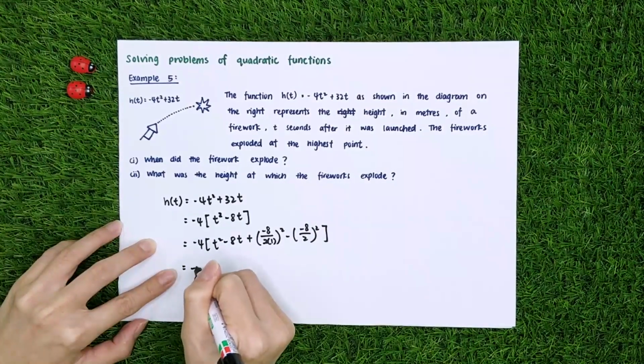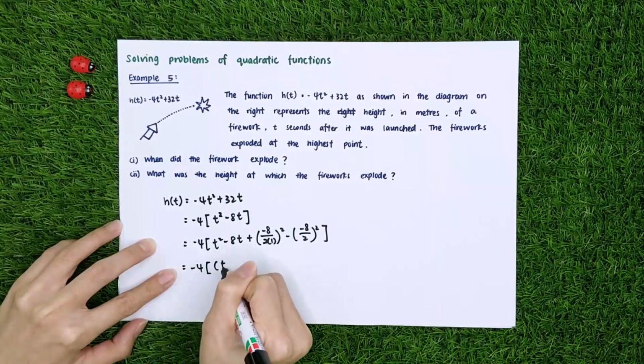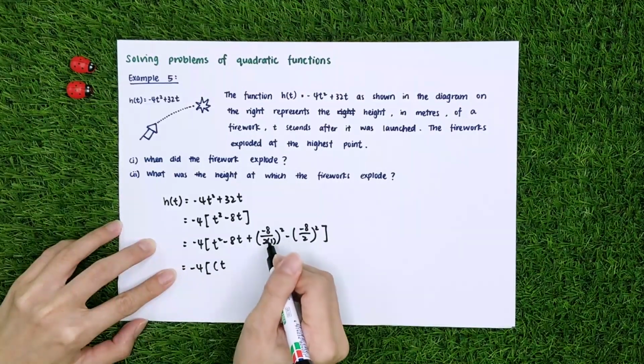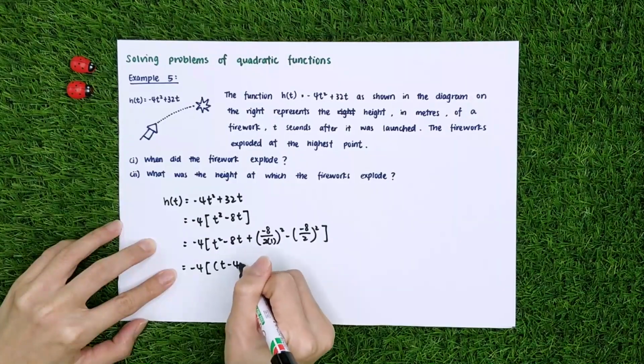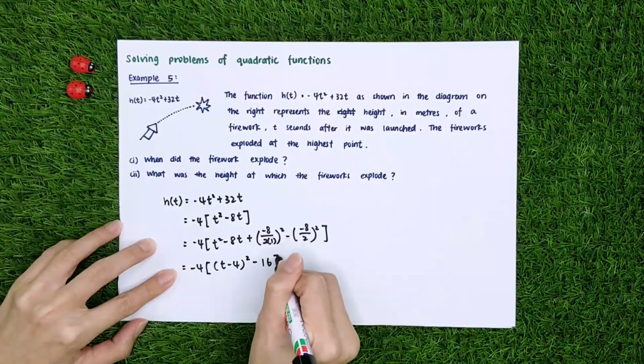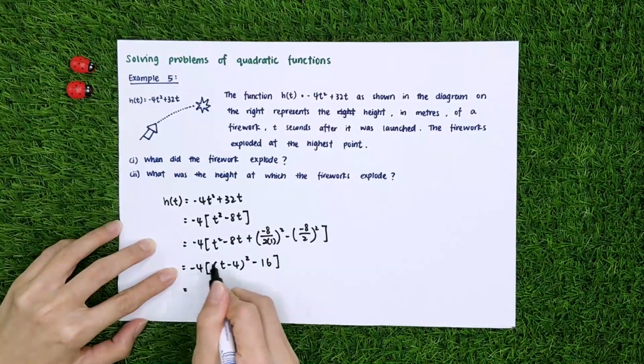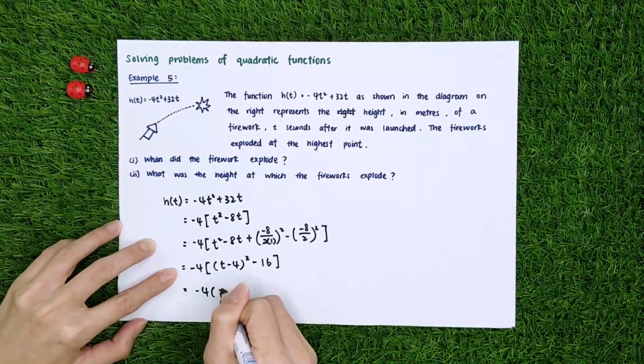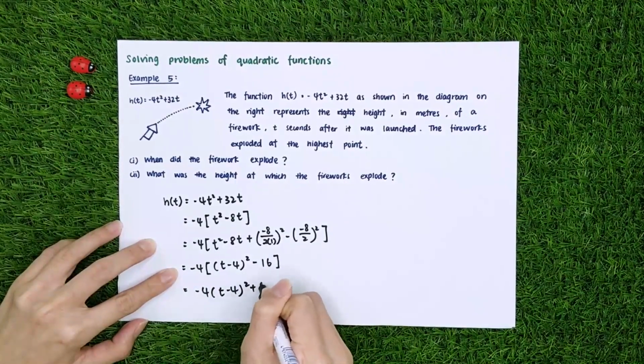So it equals −4[(t − 4)² − 16]. Then I multiply the −4 inside, to become −4(t − 4)² + 64.